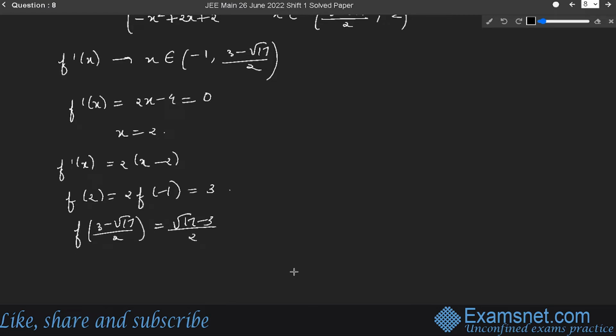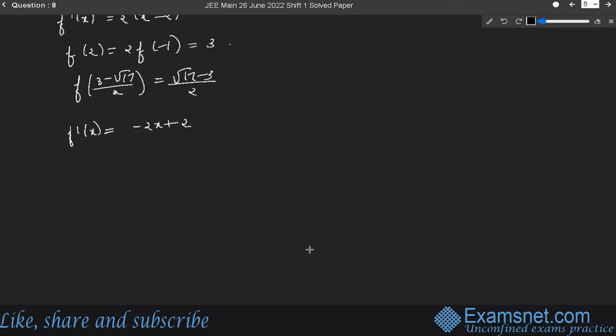Now calculating f dash x when x belongs to 3 minus root 17 by 2 and 2, which is the second condition, f dash x will be equal to minus 2x plus 2 in that case. Therefore, f dash x will be equal to minus 2x minus 1, so f dash x will be equal to 0 when x is equal to 1.